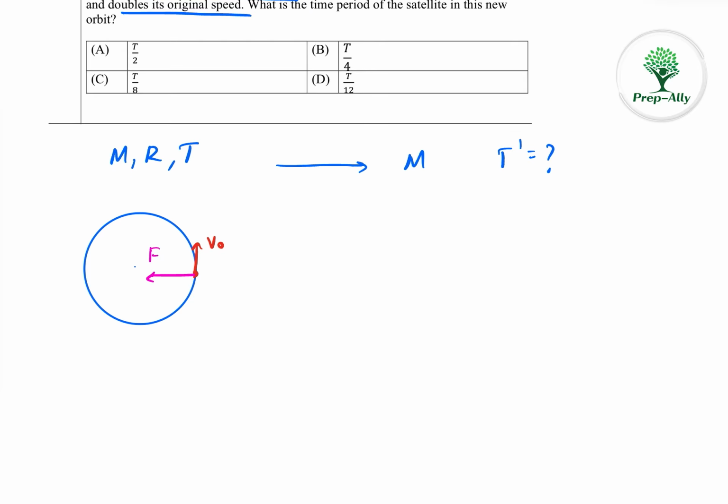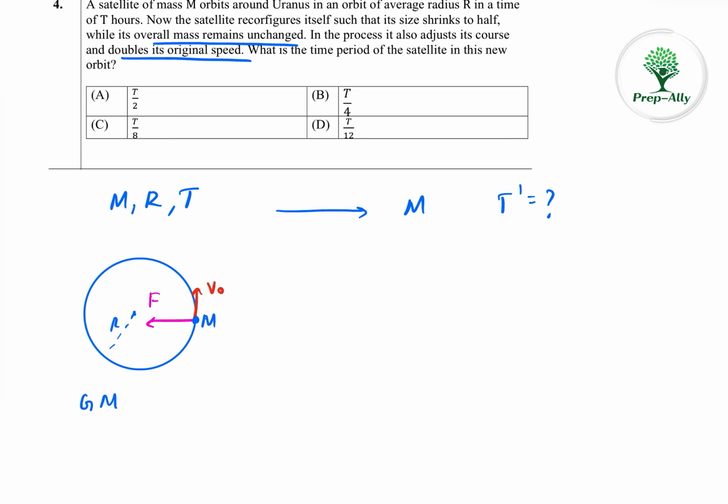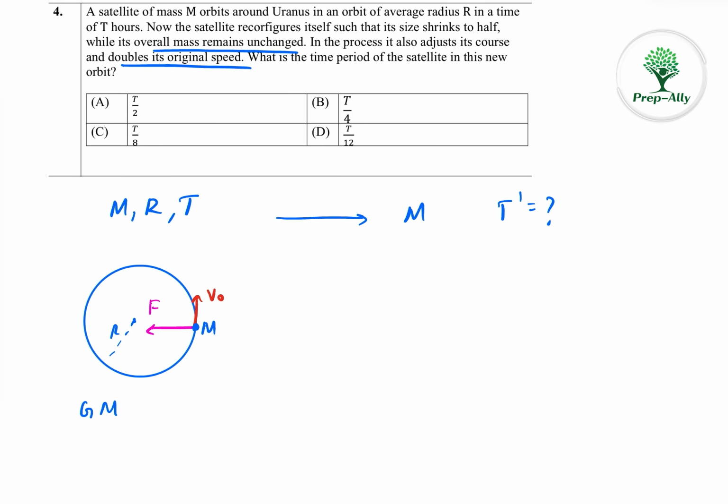So in this case, the average radius is also given as r. Let us say satellite has a mass m, and Uranus has a mass of say m dash. So then it will be G m m dash by r square.